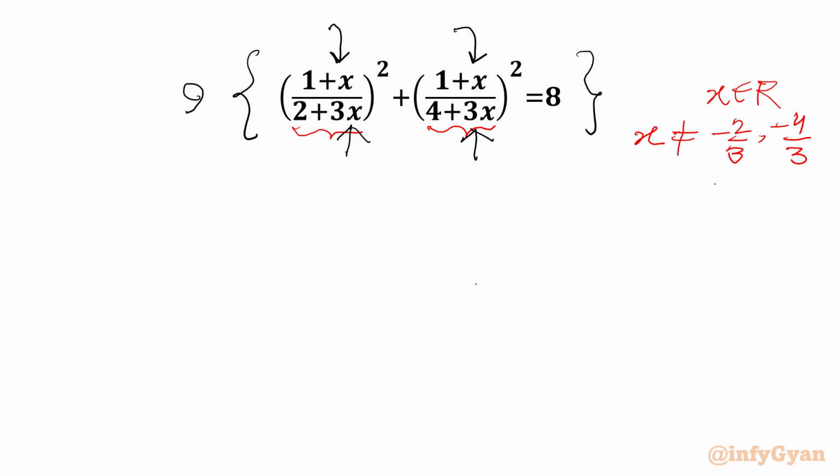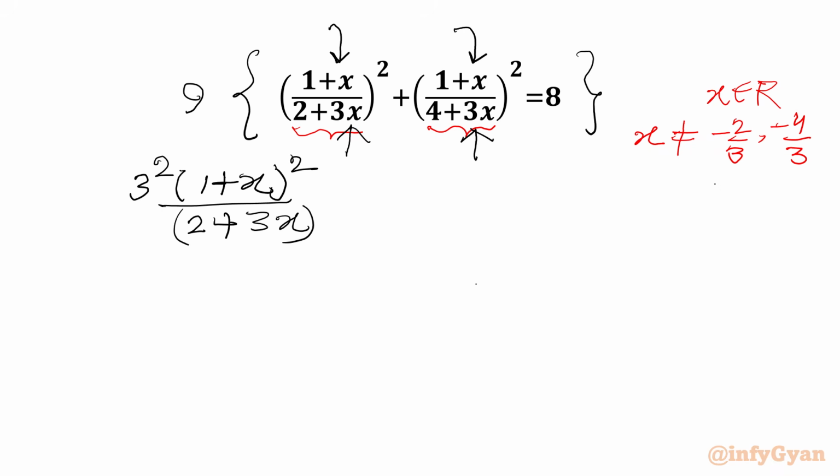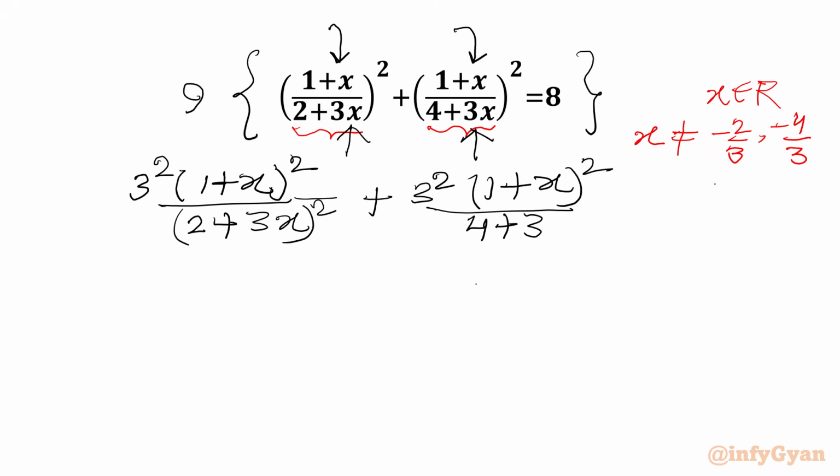So we'll write 9 times, which we will write 3 square times (1 plus x) whole square over (2 plus 3x) whole square, plus 3 square times (1 plus x) whole square over (4 plus 3x) whole square will be equal to 8 times 9, which is 72.